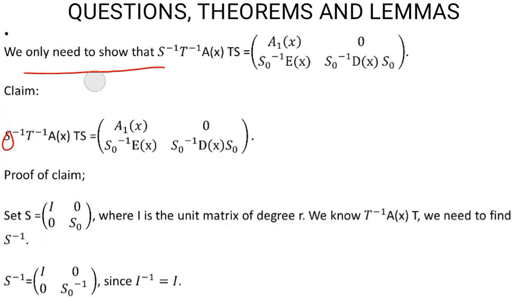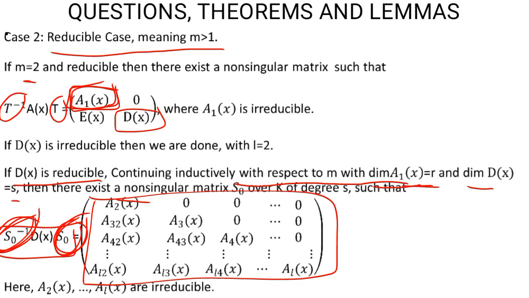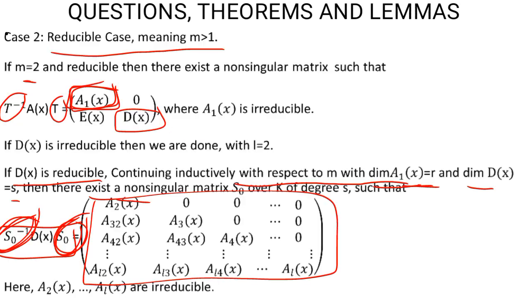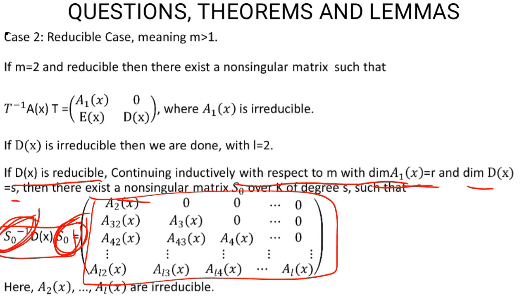Let me take it again. We started by saying that we're working inductively on the order of m, right? So we started with m equal to 1, and we saw that we'll just get a 1, so it was irreducible. But if m is greater than 1, we then have a 2 by 2 matrix in such a way that it is just like Bx itself, with D possibly reducible or irreducible. If it is irreducible, then we're done.